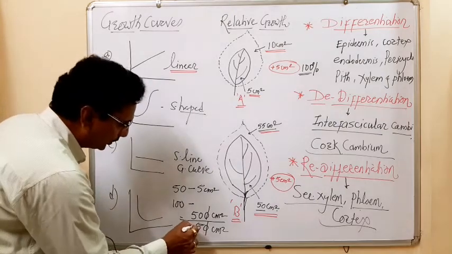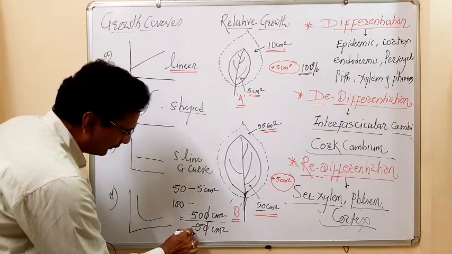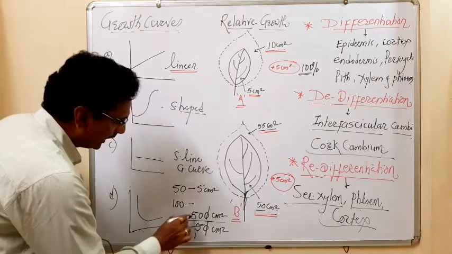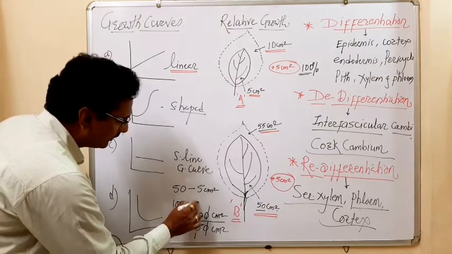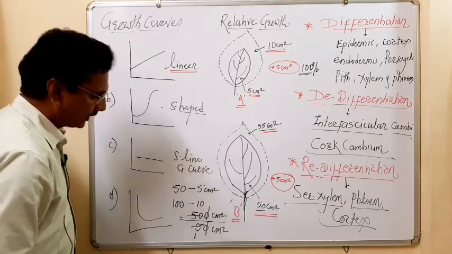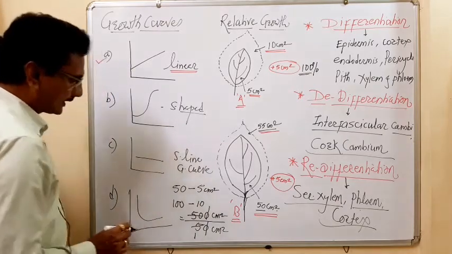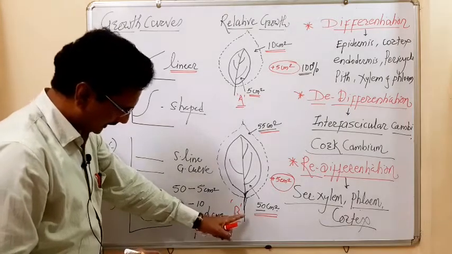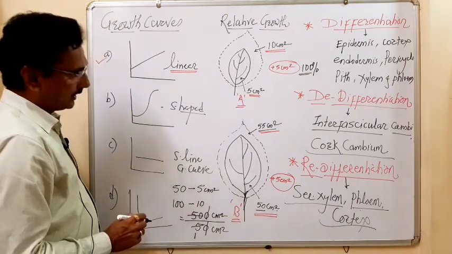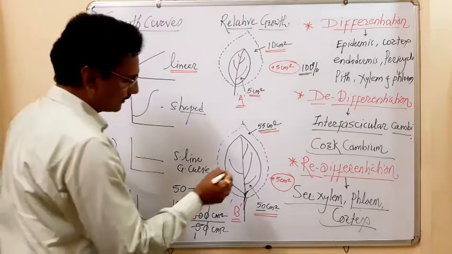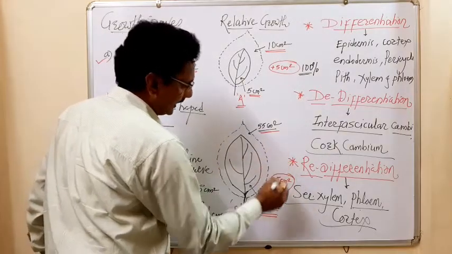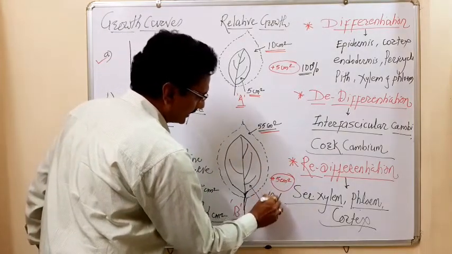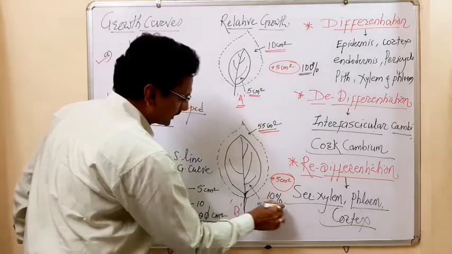Then 5 ones are 5, and 5 tens are 50. So what is the increase in the second system? The growth in the second system is 10%. There is a 10% growth in the second system.